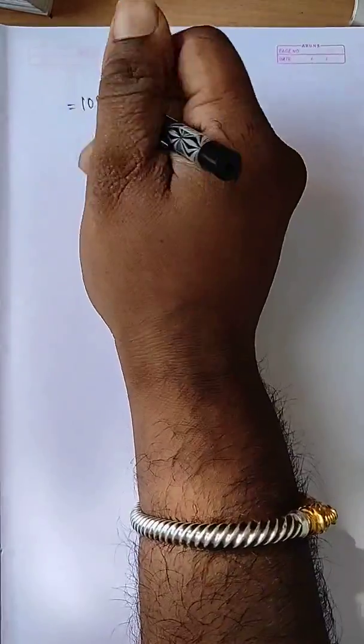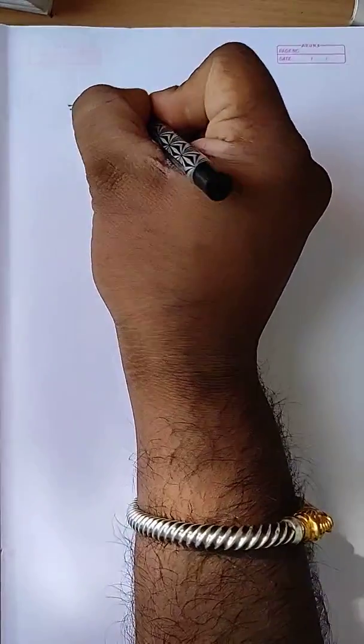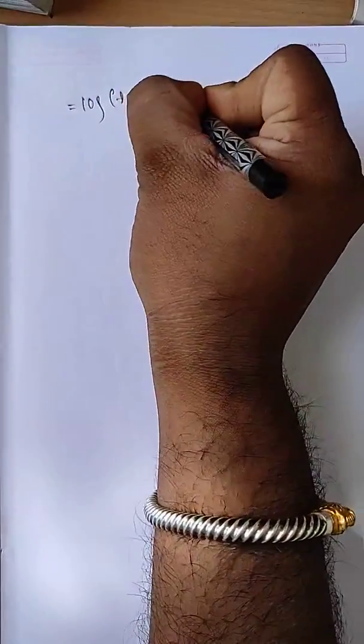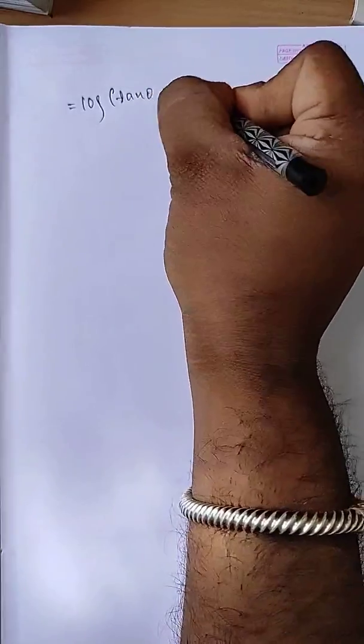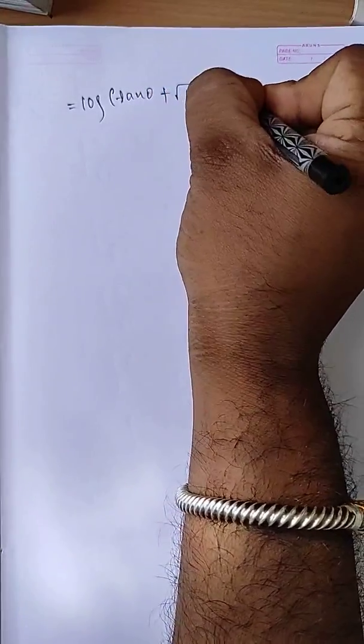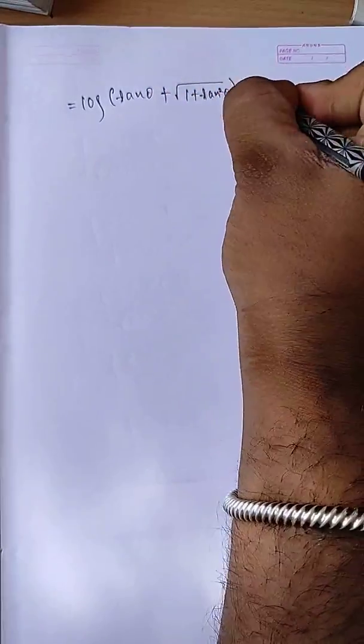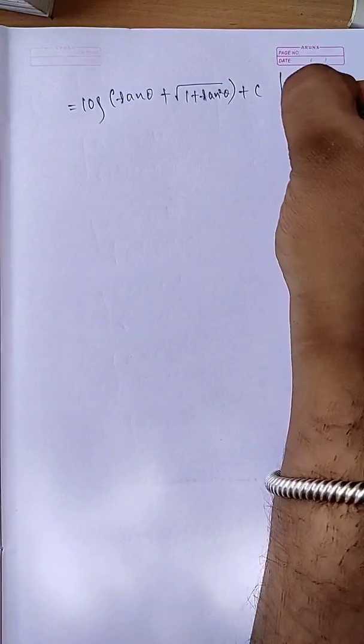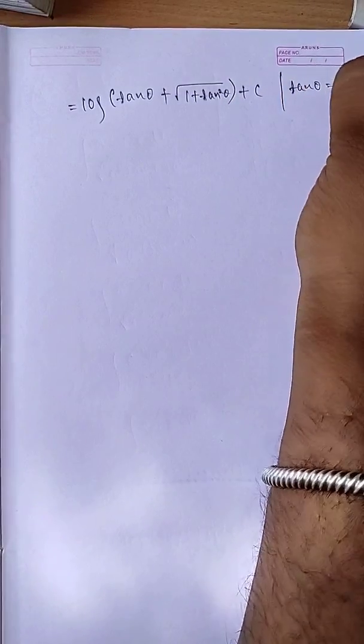So this is equal to log of tan theta plus root of 1 plus tan square theta, I am writing that once again. In the last page we have it like this. What is tan theta? Tan theta is x by a.